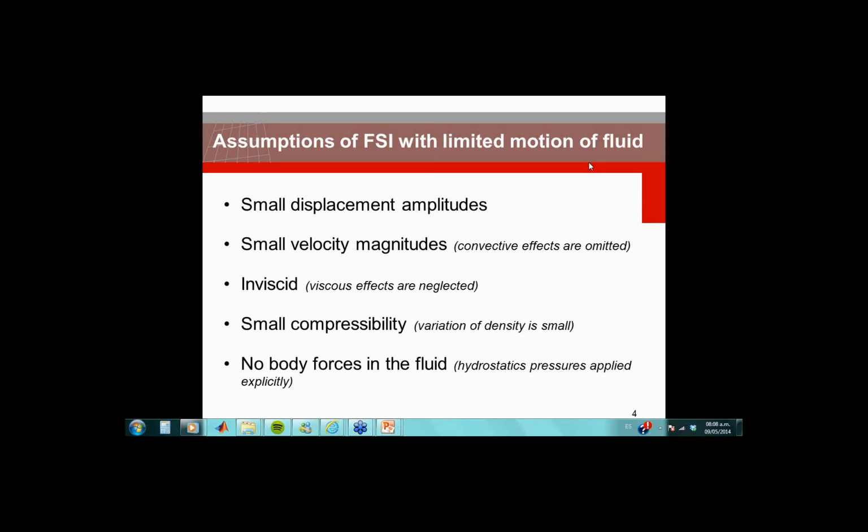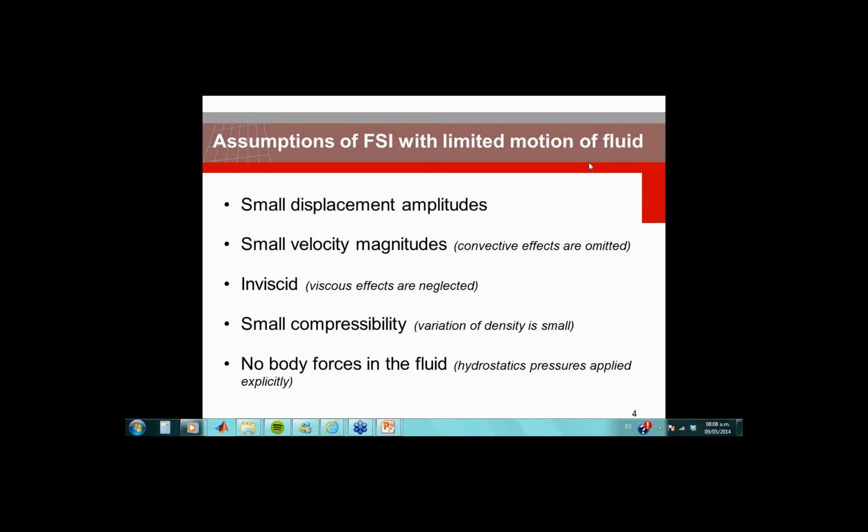The first assumption in this method is that the fluid motions, or displacement amplitudes, are small. The velocity magnitudes of the fluid are also small, and it is an inviscid fluid, like water, for which viscous effects are not necessarily considered. Compressibility is important to keep in mind, but only in a small amount.